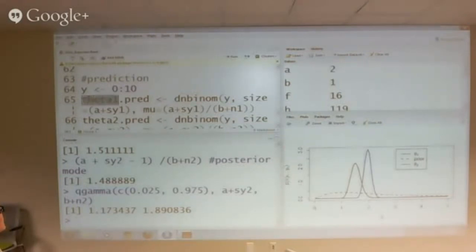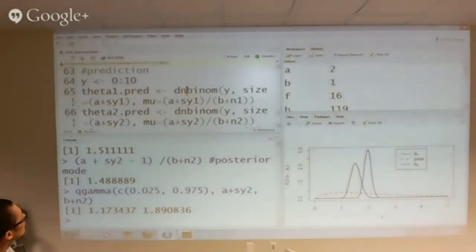This is theta 1 predict. You can see the dnbinom. So this is the binomial distribution, how to say this one? Is it the nominal binomial or negative binomial?